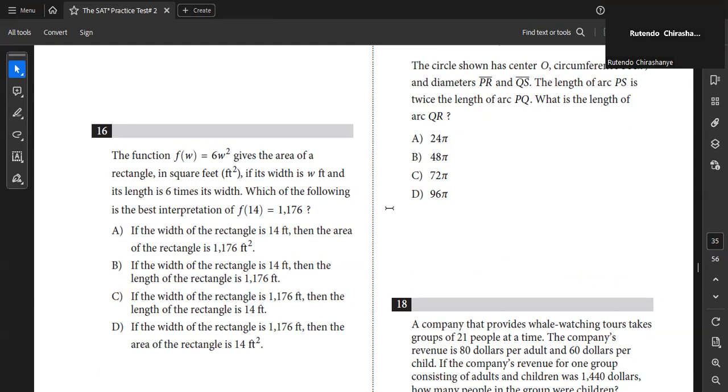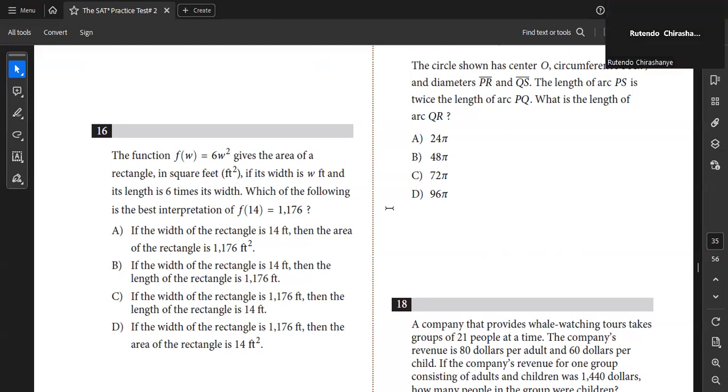Which of the following is the best interpretation of f of 14 is equal to 1176? So remember the width is w and the length is 6 times its width.